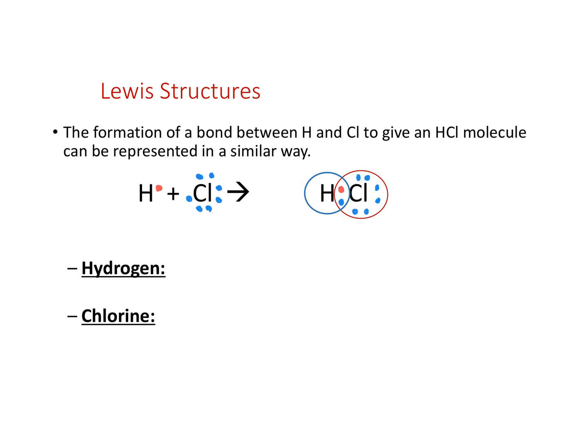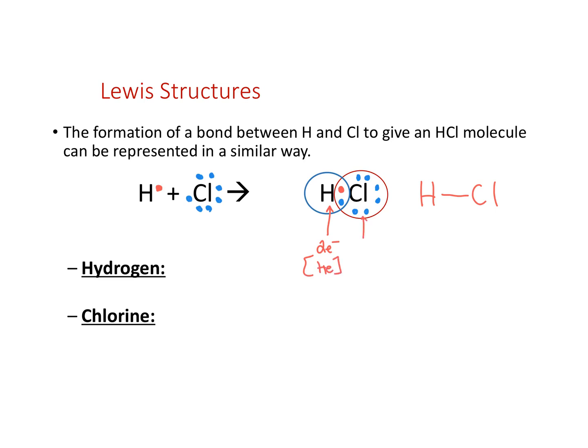But at the end of the day, that hydrogen chloride bond represents the sharing of those 2 electrons between hydrogen and chlorine. If we look, hydrogen has 2 electrons in its outer shell, isoelectronic with helium.